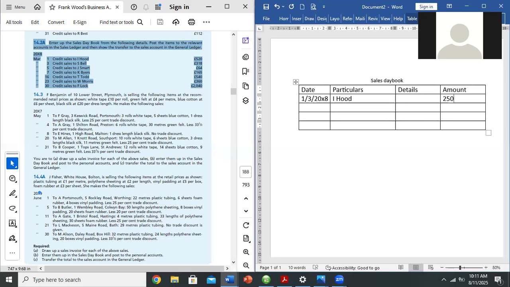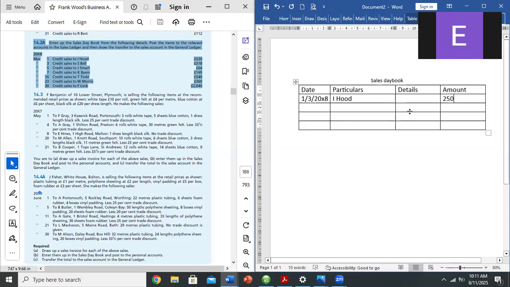Please, I don't understand. It seems you didn't get the point I made. I said the details column is for the calculations, as you just stated your teacher told you. Sometimes when you sell to customers, you can give them what we call trade discount. So then it becomes necessary for you to do all those calculations there.